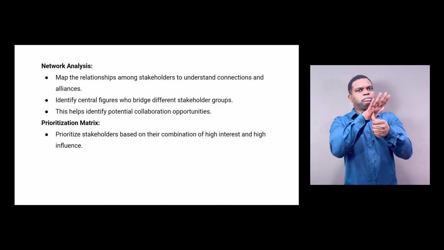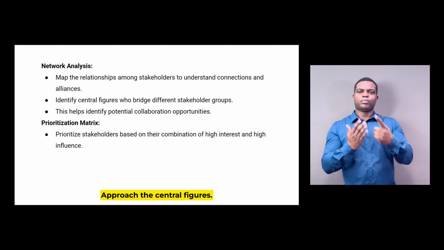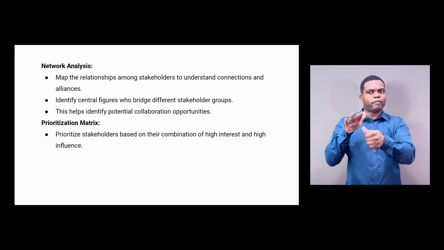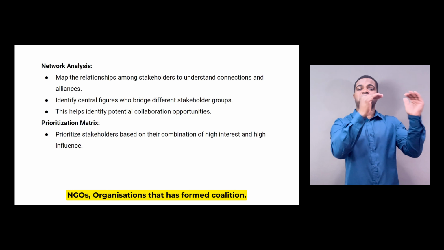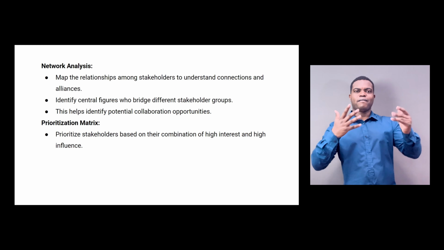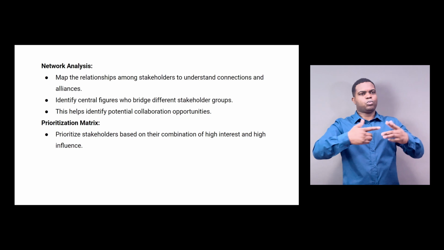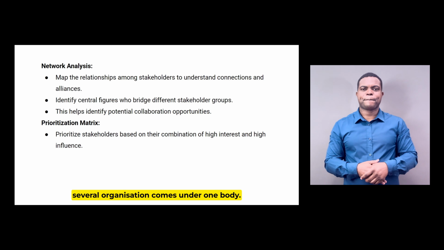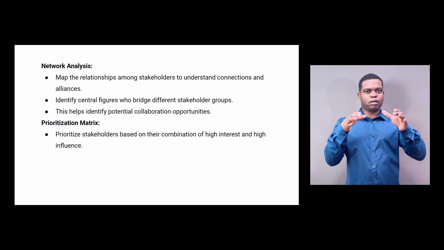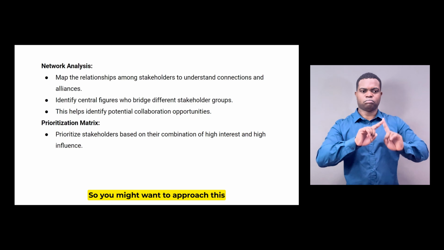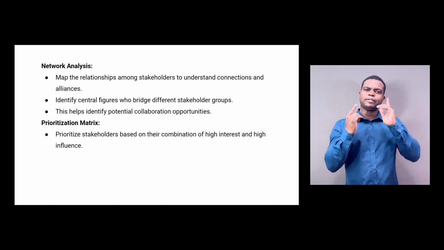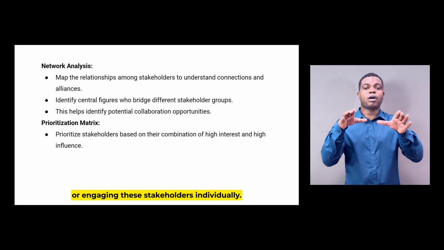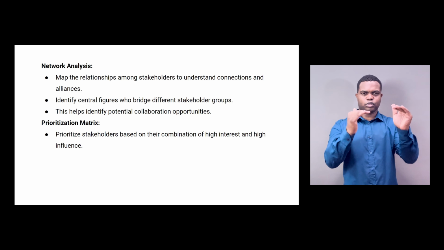Another thing is when you know the networks of these stakeholders, you will be able to identify the central figures. So you might want to approach the central figures. For example, we have some NGOs, organizations that have formed a coalition. Coalition is just when several organizations come under one body. So you might want to approach this body instead of engaging these stakeholders individually.